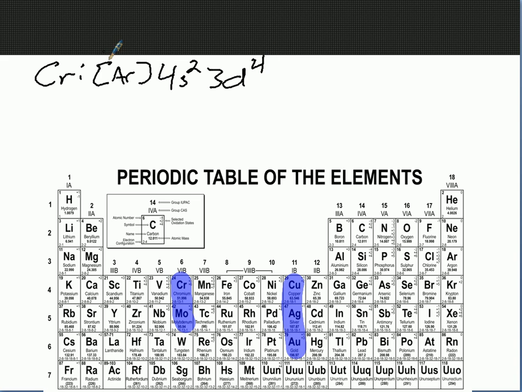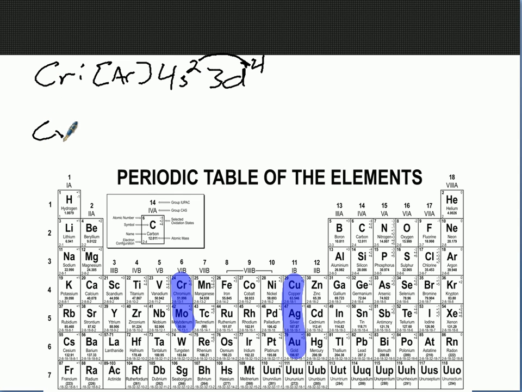There's an exception to this. It's got a 3d4, but if it's a 3d5, that's actually more stable. So one of these electrons will actually go and become a 3d5, and you'll end up having a 4s1 instead.